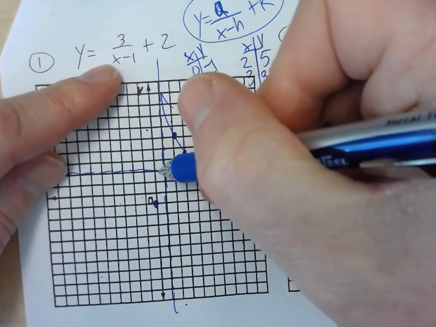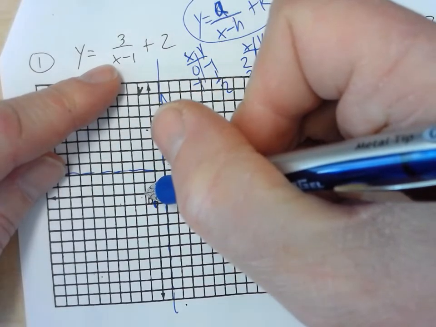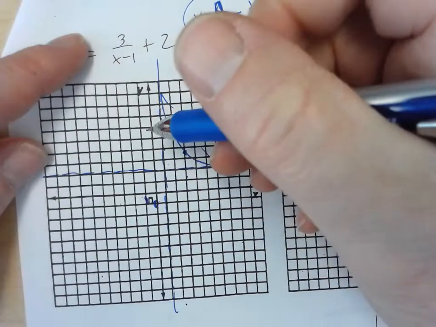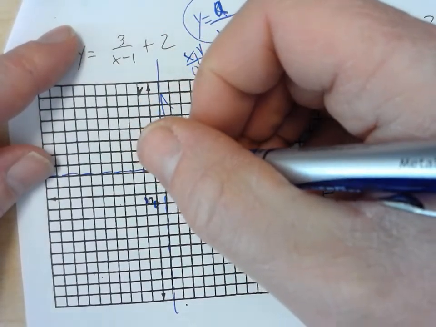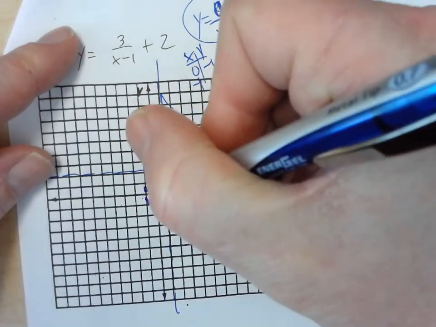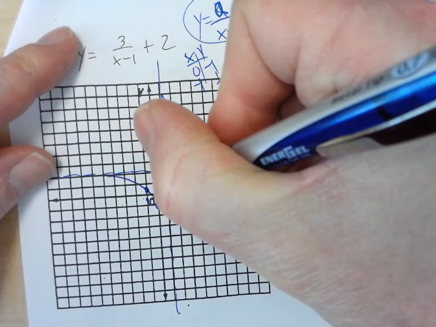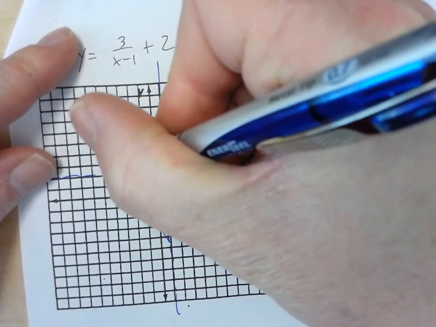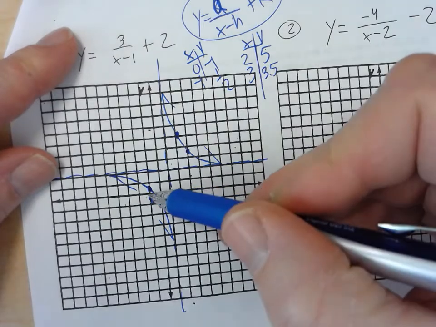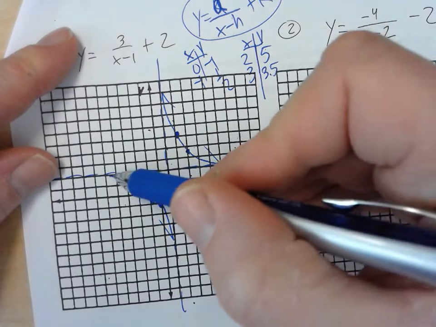So negative 1, down a half would be right here, and so it's going to curve. Oh, it's up a half. Negative 1 is up a half. It's right there instead. So it's going to curve like so. So it's negative 1 up a half, not down a half. So it curves like here and here.